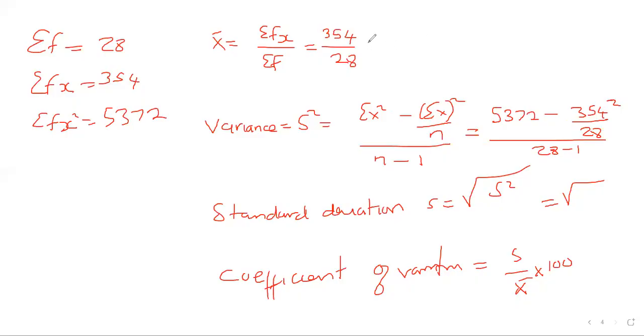So what becomes our mean? What is our mean? 12.64. We agree? Yes. What's the variance? 33.20. Do we agree? Yes. Then what's the standard deviation? 5.76.